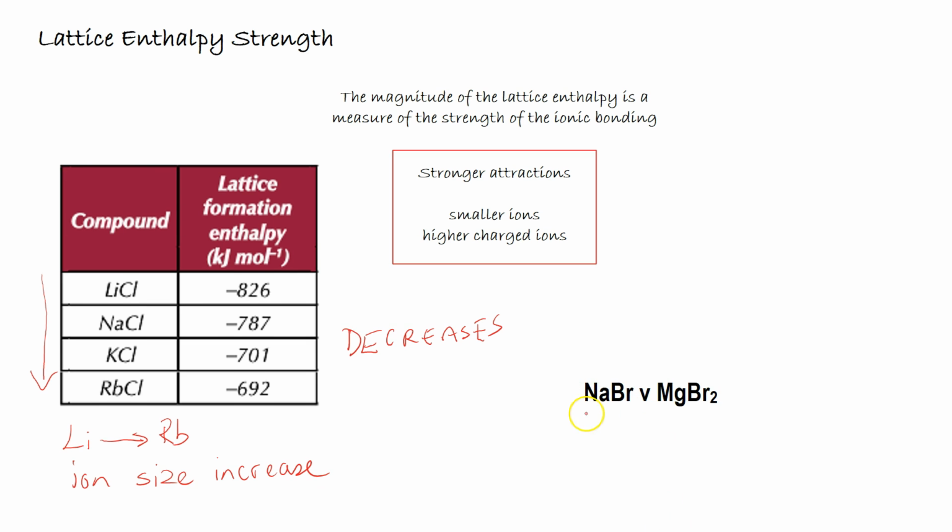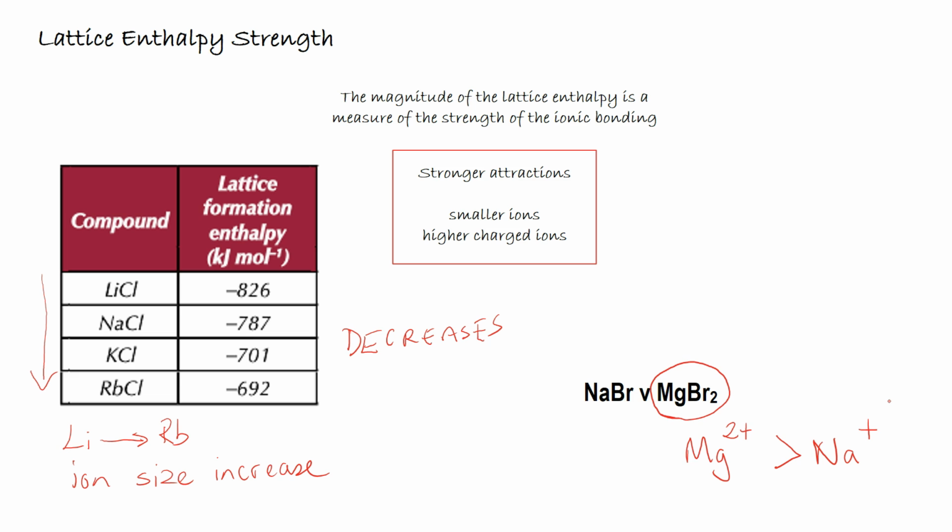If we were then to compare the lattice enthalpies for sodium bromide versus magnesium bromide, we would find that magnesium bromide would have a greater lattice enthalpy because the magnesium ion has a greater charge than the sodium ion, and therefore would have a greater lattice enthalpy.